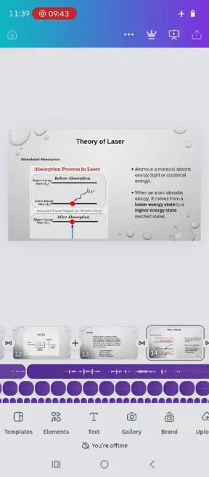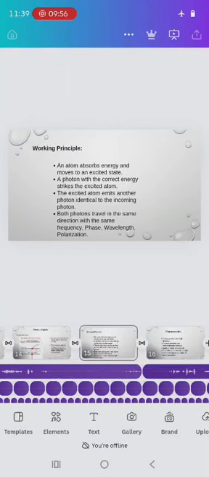When atoms absorb the energy, they move from a lower energy state to the higher energy state. The working principle: an atom absorbs energy and moves to an excited state.